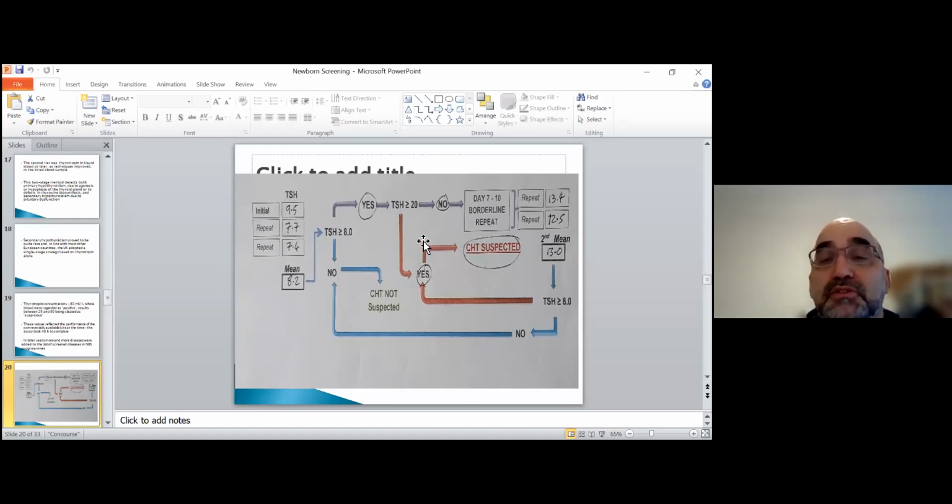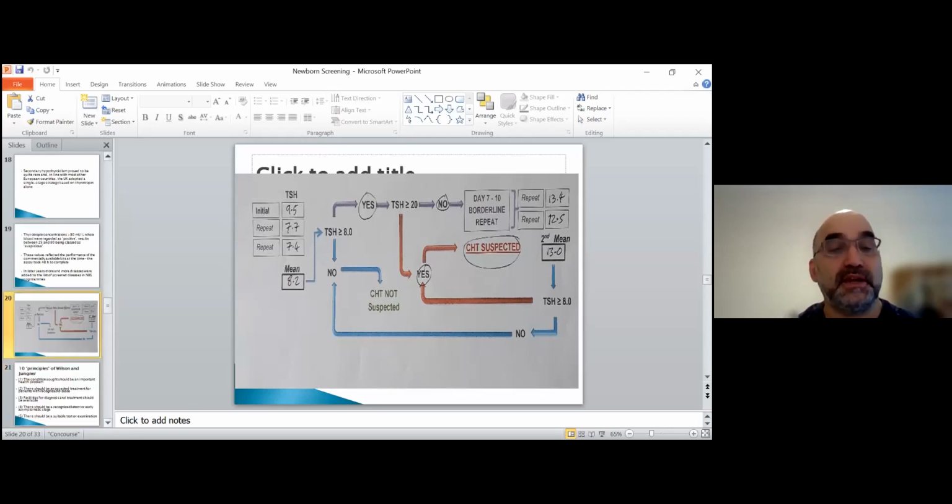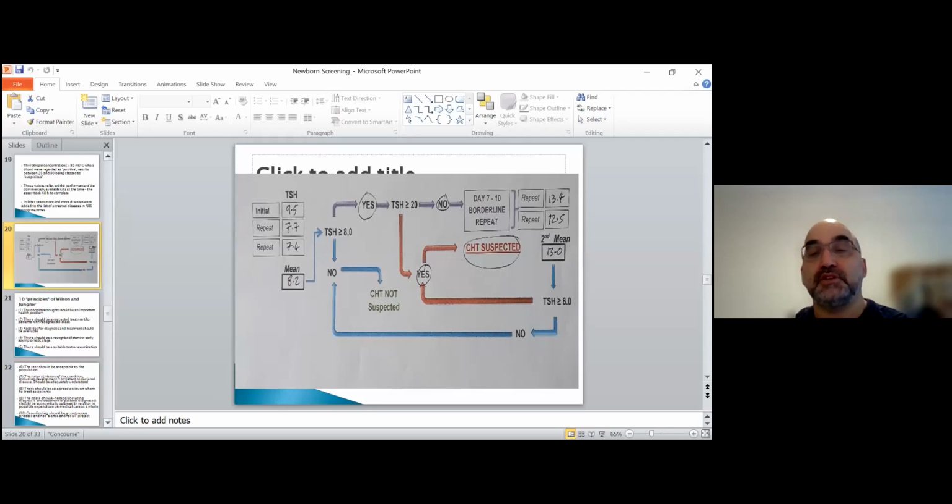But if it is not greater than 20 and it is between 8 and 20, then we request a second blood spot test for the baby, and we always repeat it once or twice. If the average is again greater than 8, then we get it as suspected, and the patient gets referred for further management by the endocrinologist.